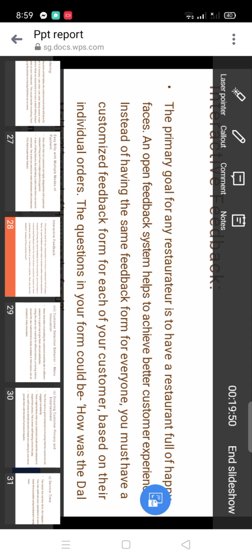You must have a customized feedback form for each of your customers based on their individual order. The question on your form could be, how was the dal makhni, instead of how was the food.